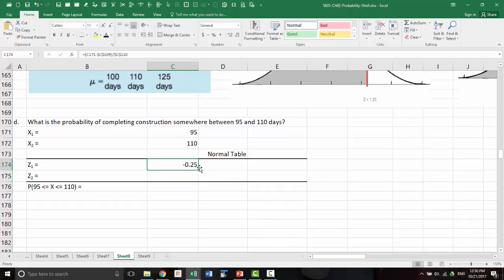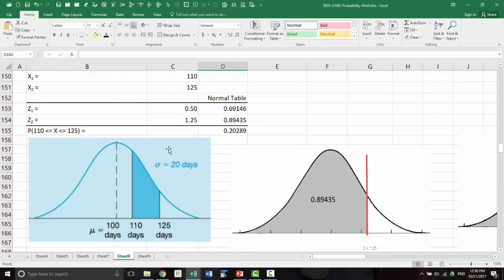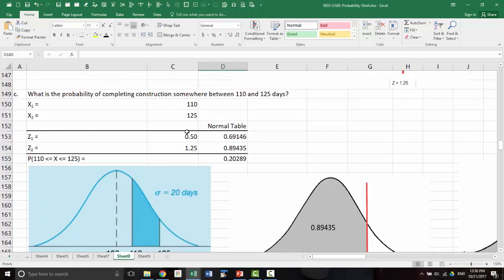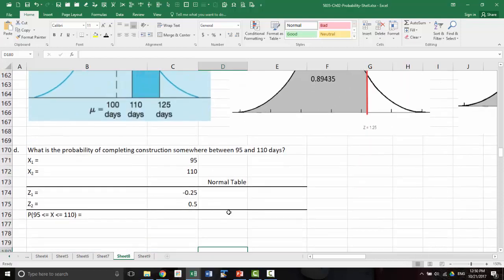Okay, so now we can copy that down and you get the z corresponding to x sub 2. The border is gone, so put the border back. Now for z of 0.5 we already know what the normal table gives, which is 0.69146.